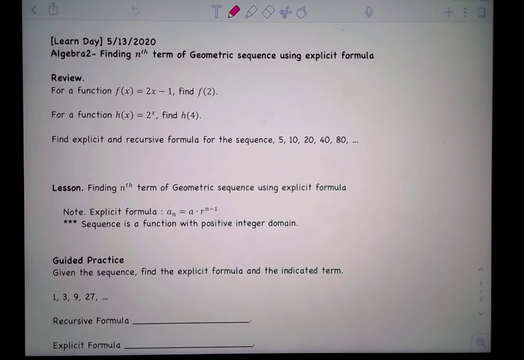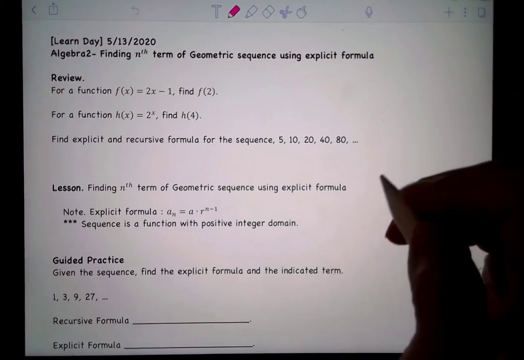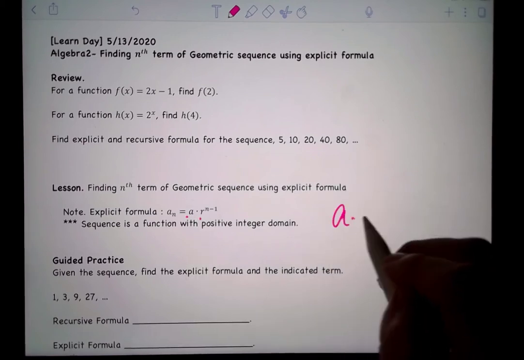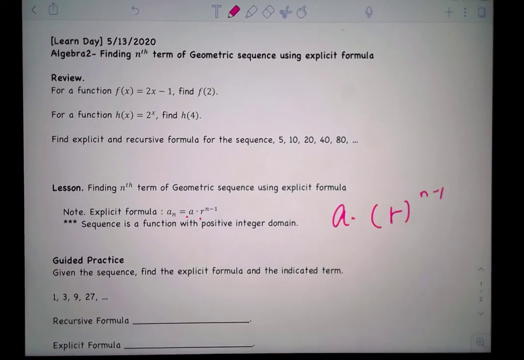But I just checked your work today. I just looked at it and then I realized that there's some error on the recursive form, and some of you substituted the wrong number into the explicit form. So for example, this is a r, right? A times r to the n minus 1.